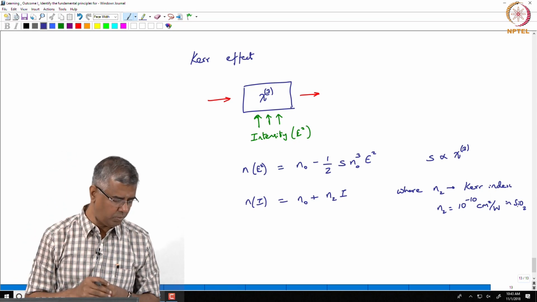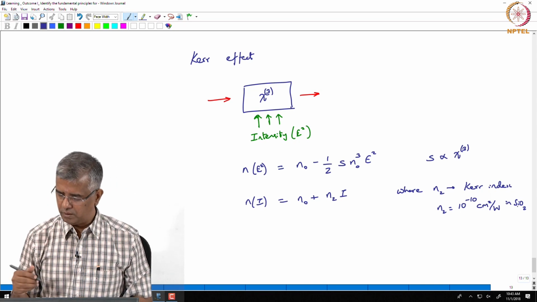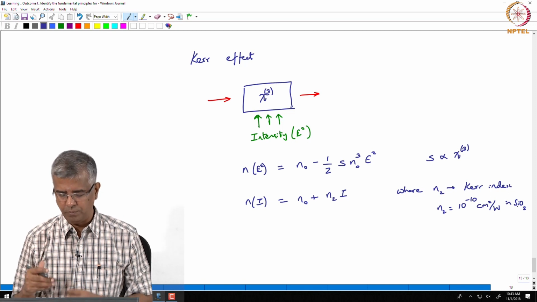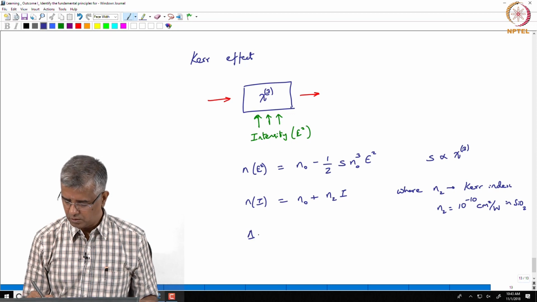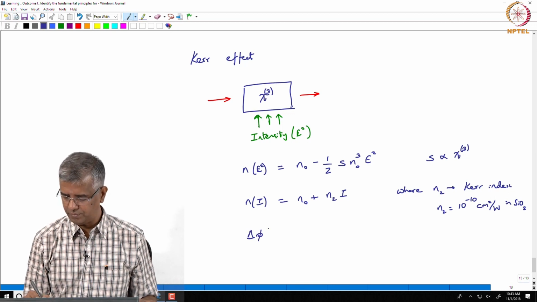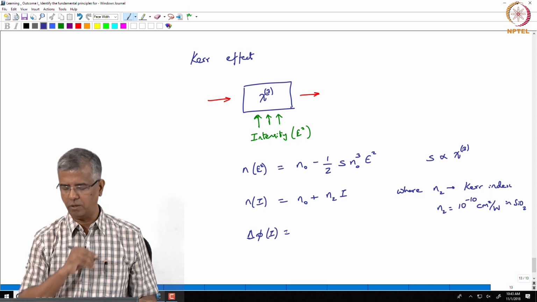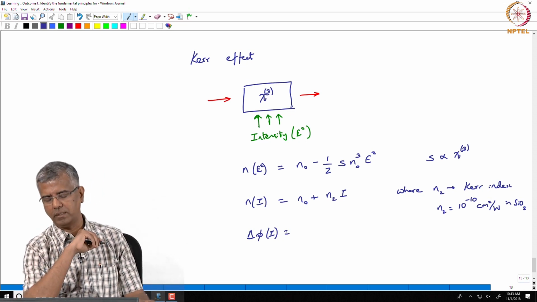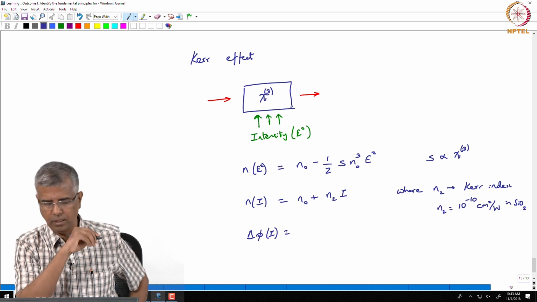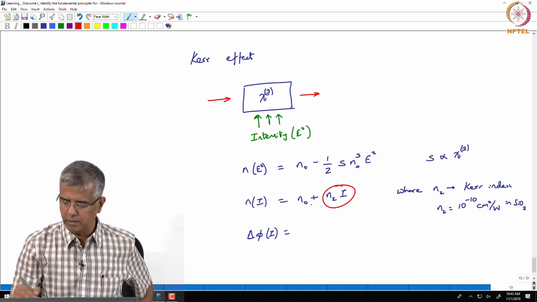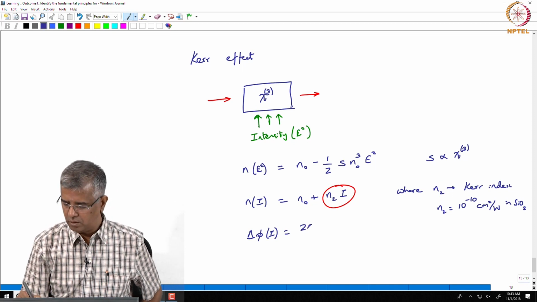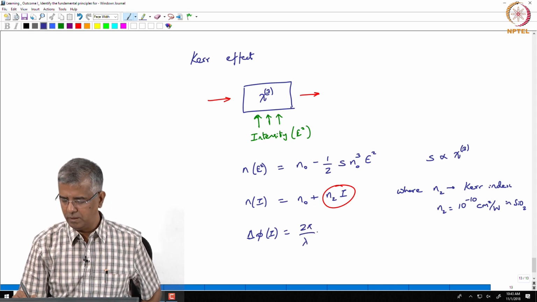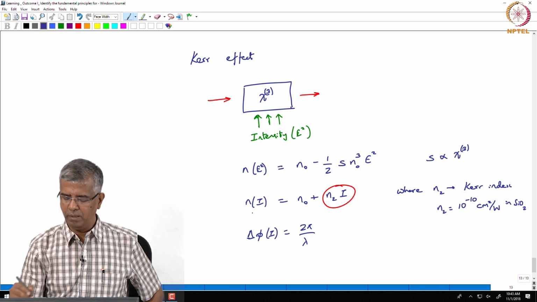So, that actually talks about how, through changing the refractive index, you are changing the phase of the light. So, your delta phi as a function of I, just looking at the Kerr index component, is going to be given by 2 pi over lambda, n multiplied by L, but n in this case is corresponding to this Kerr index.